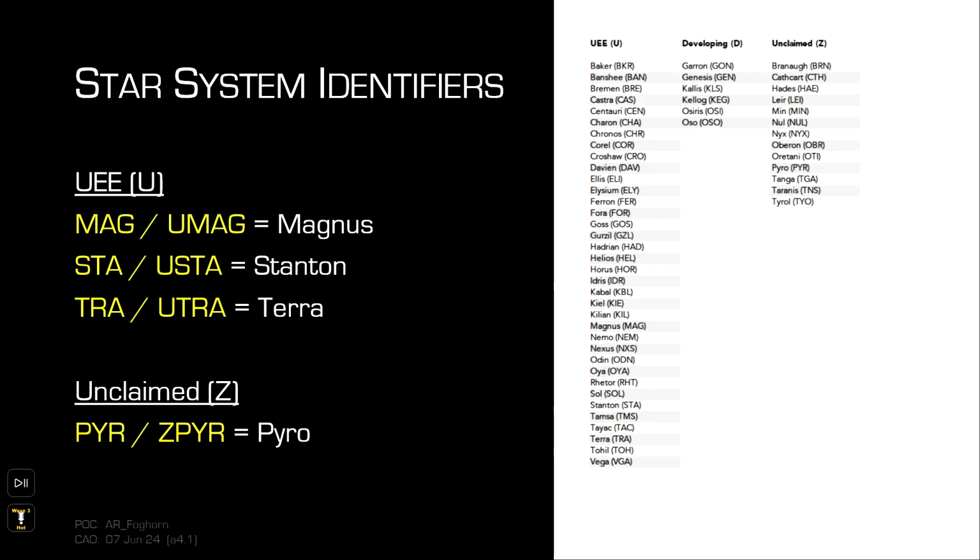Right now, based on the ones we know we're getting in the near future, the 5 starting systems of Stanton, Pyro, Castra, Nix, and Terra, we should see either U's or Z's as the leading letter. So Pyro's, because it's unclaimed, is ZPYR, so Zulu Papa Yankee Romeo.